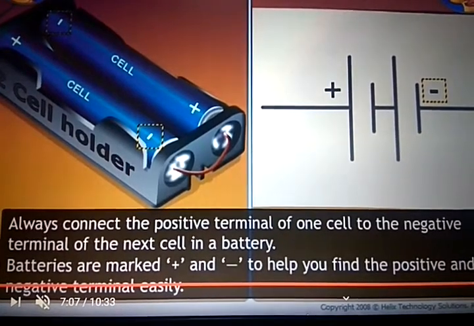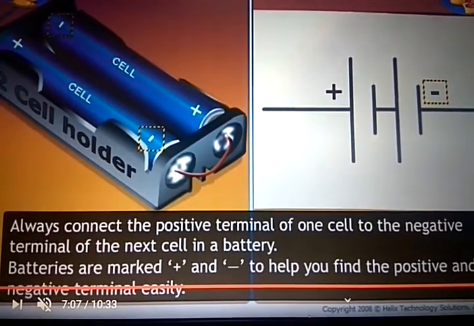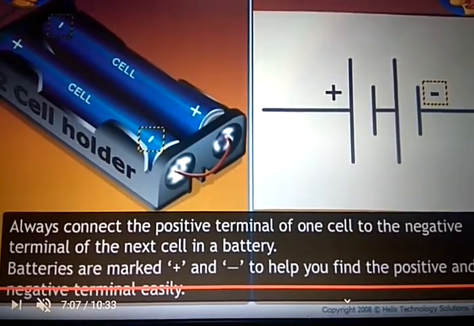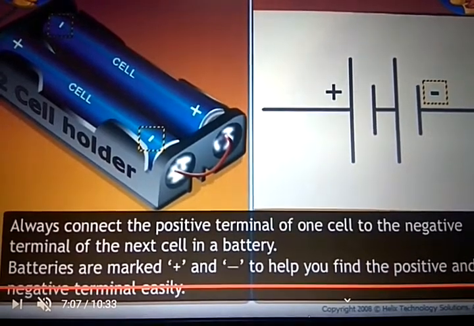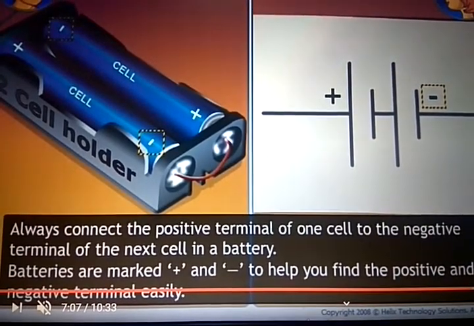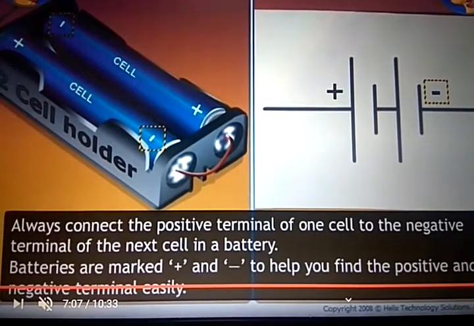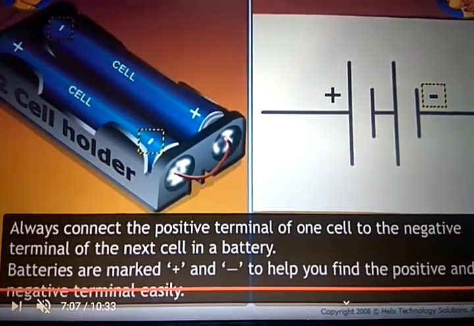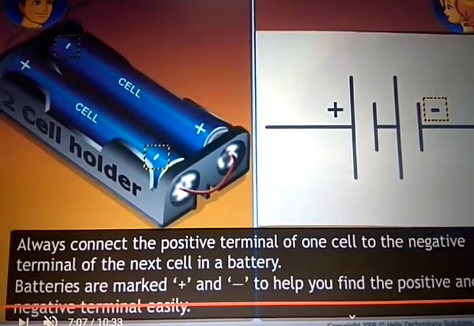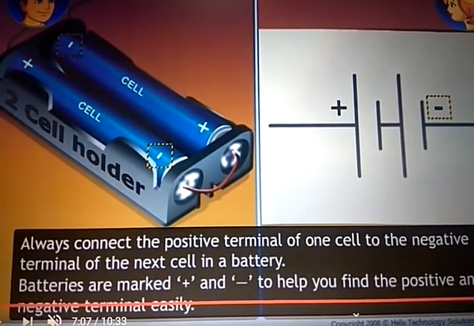And you see the positive terminal of the second cell to the negative terminal of the third cell, like that. Sorry, two batteries is not right, battery connection is there.